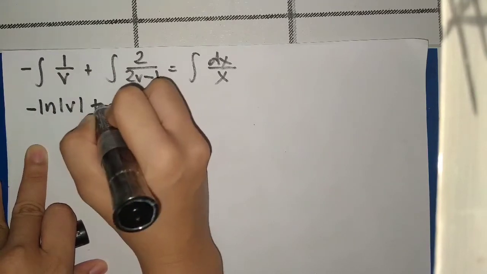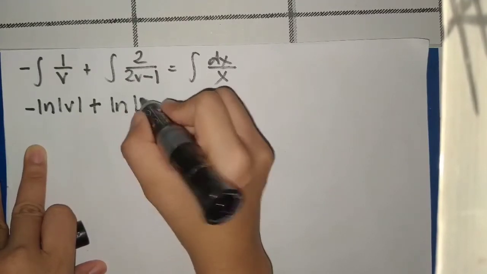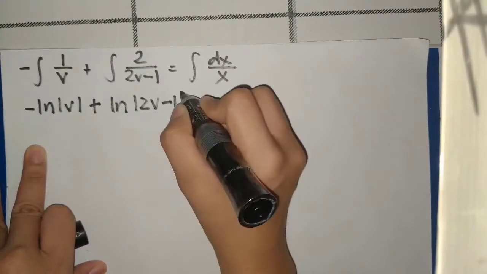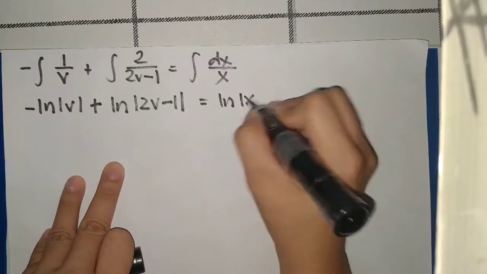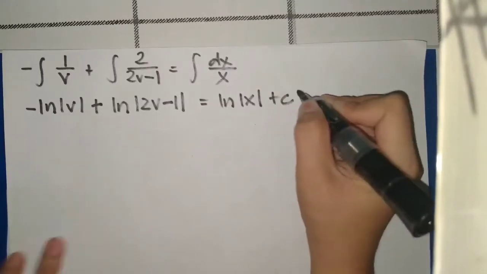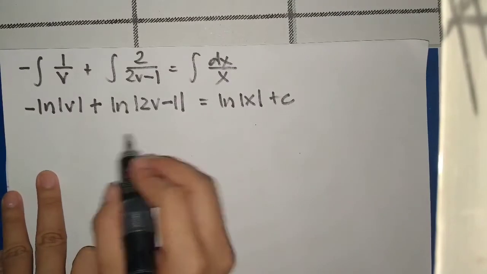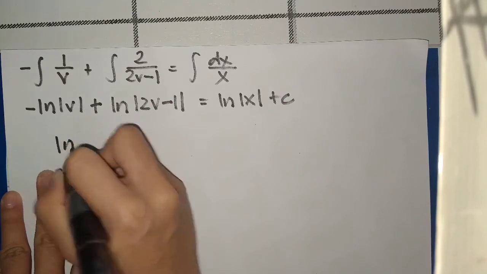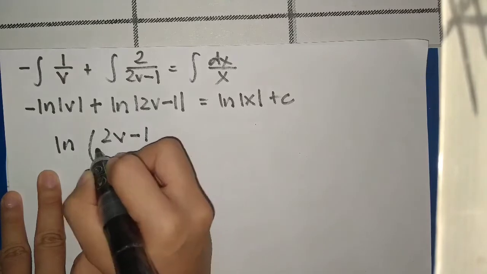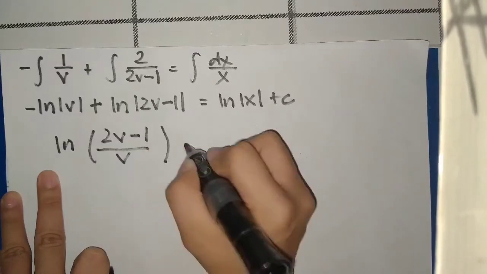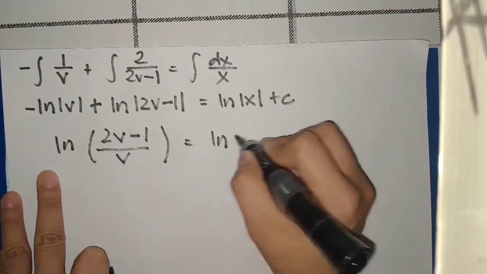So this is it. So I'll just rewrite it on another paper. So we have to integrate it now. So integrating it, we will arrive at negative ln v plus ln of 2v minus 1 is equal to ln x plus c. So I will arrive at ln of 2v minus 1 all over v is equal to ln of x plus c.